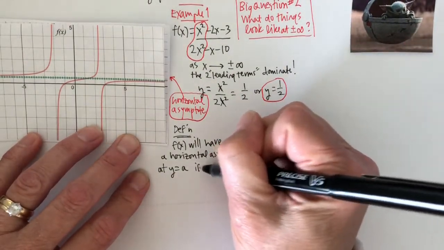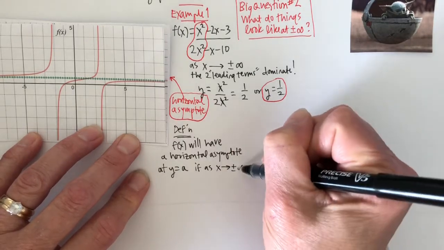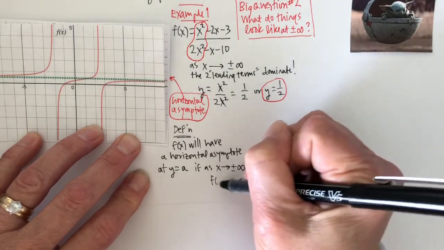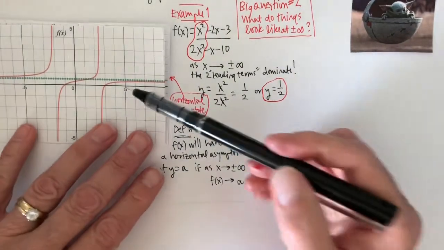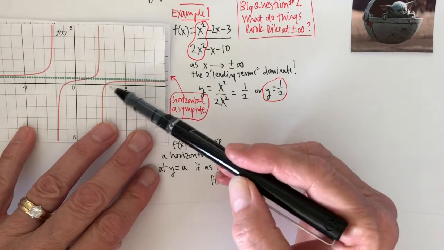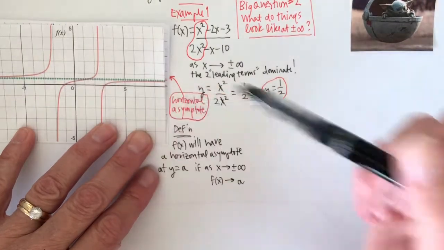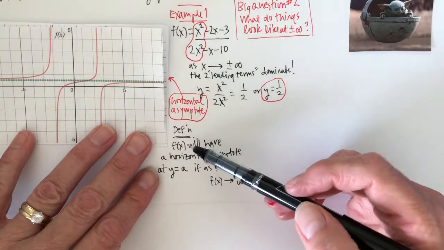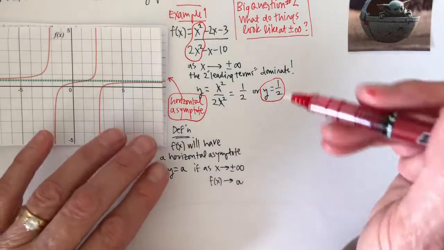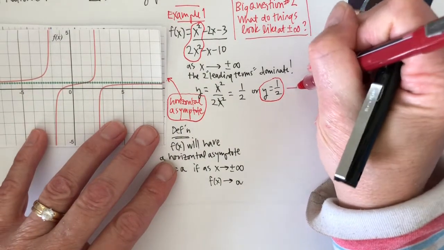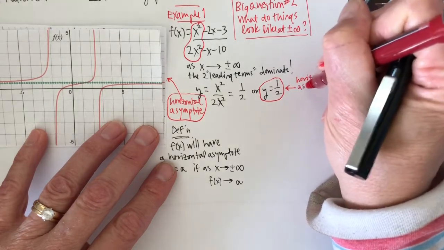If as x goes to plus or minus infinity, the function itself, the y values, go to a. And that's happening. As x goes to positive infinity, the y values of the function are approaching y equals 1/2 from either direction. So this is our horizontal asymptote.